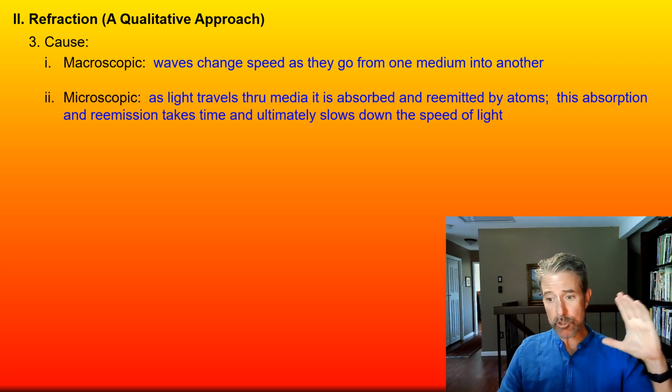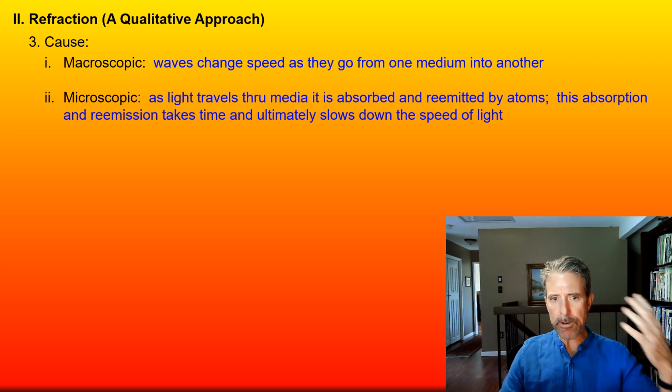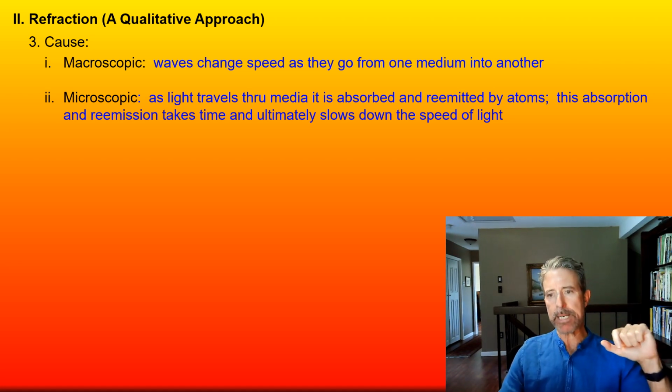Microscopically speaking, what is it that causes the speed to change? Well, when light travels through a transparent medium, like glass, for example, that energy must be absorbed and then re-emitted by the atoms in that medium.